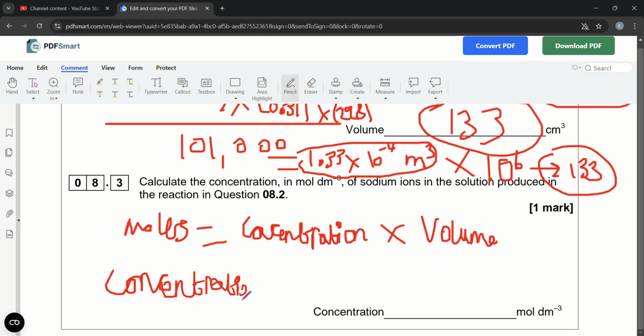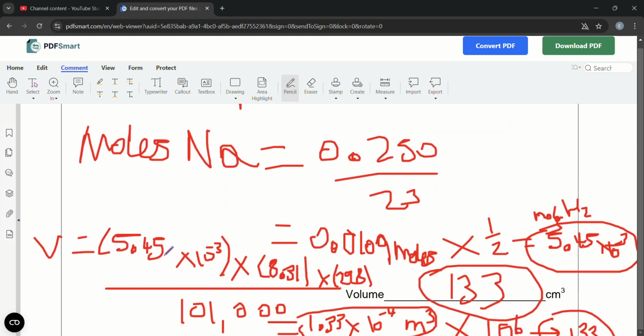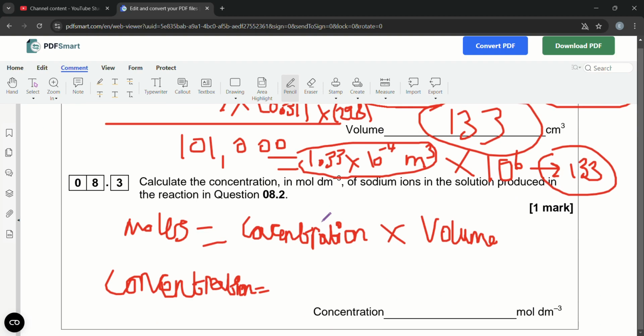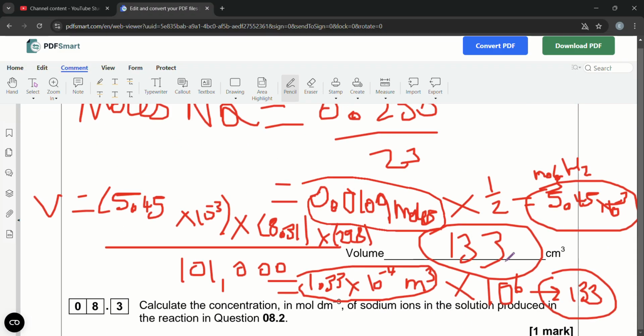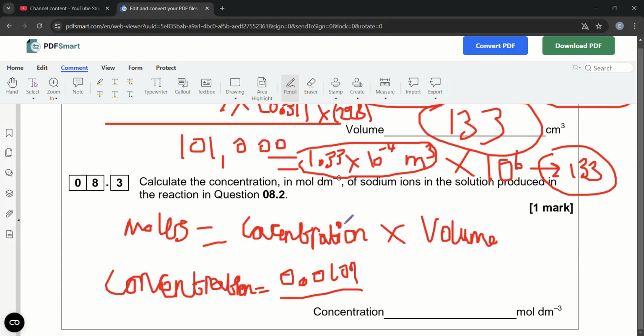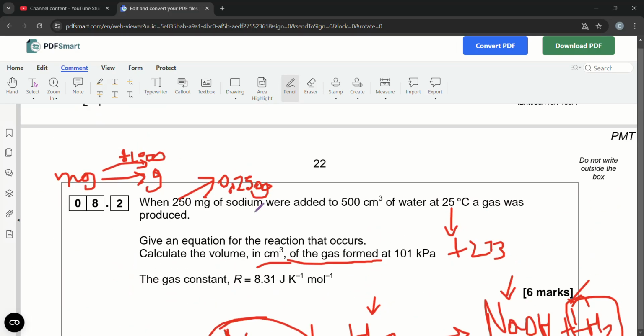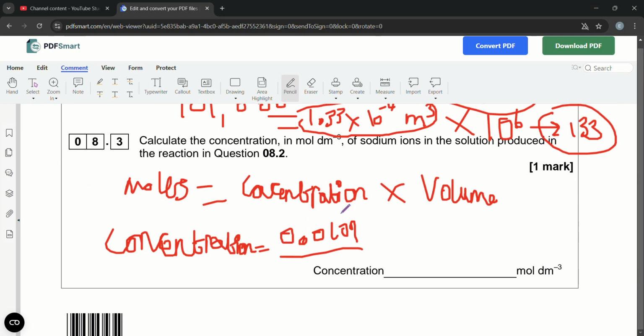Instead of writing down the equation, it's a 1 marker, so I'm just going to substitute values in. It's going to be moles of Na, which is 0.0109, over volume. Now it's not the volume of this, it's the total volume, which is 500 centimeters cubed of water, but it's also in mole per dm cubed.